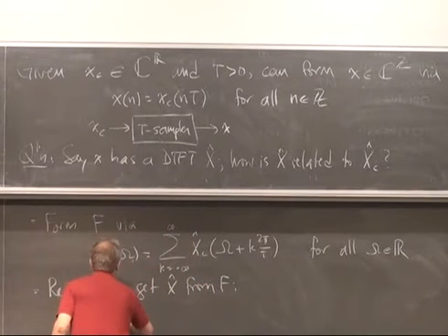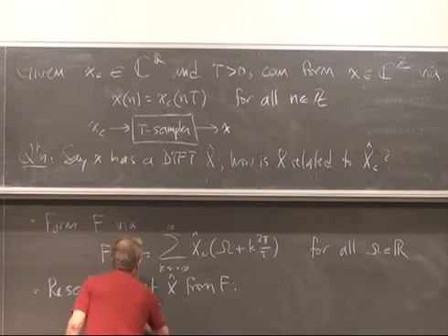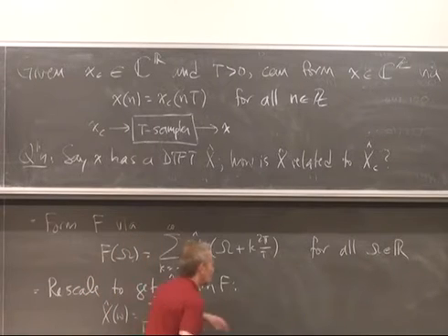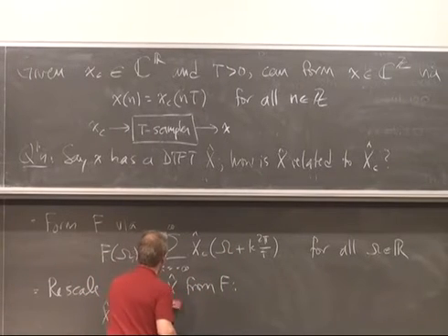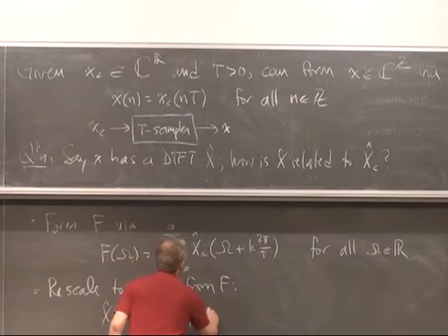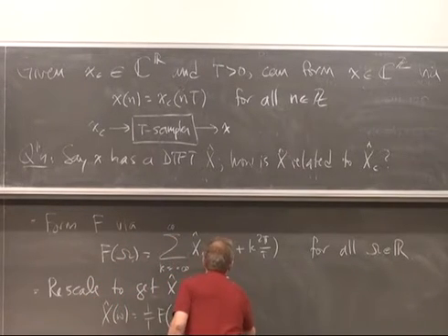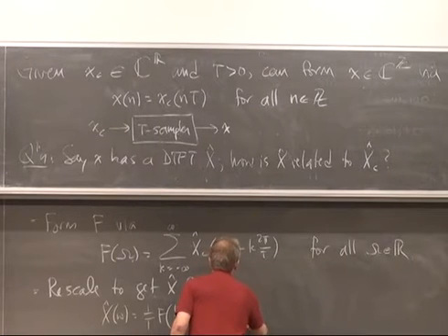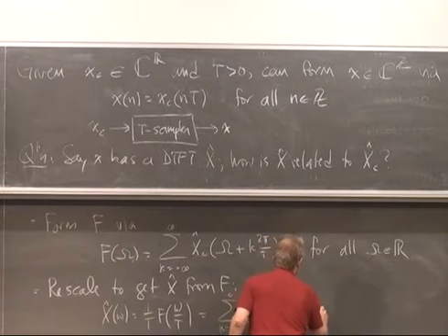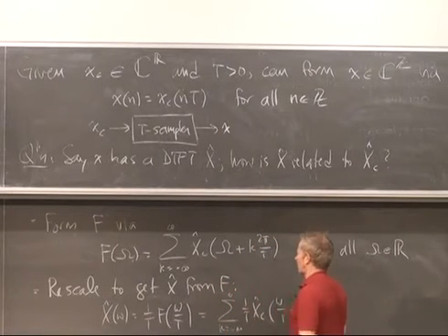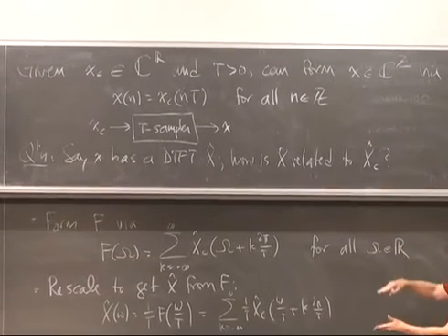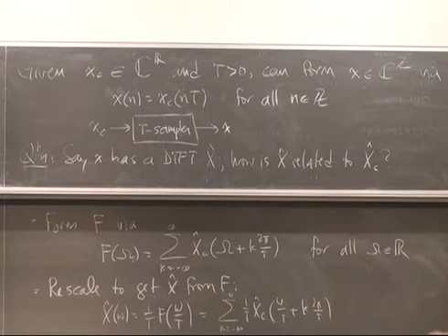X hat of little omega is equal to the sum over k of 1 over t, f of omega over t, which equals the sum over k of 1 over t, xc hat of little omega over t plus k 2 pi over t. So you take that f and rescale it in amplitude by 1 over t and in argument by 1 over t, or by t if you wish.